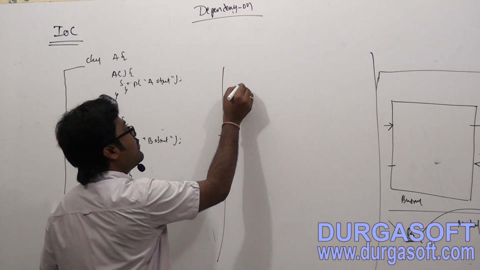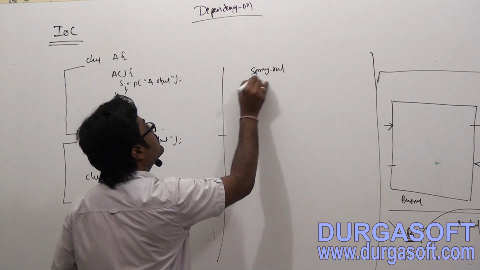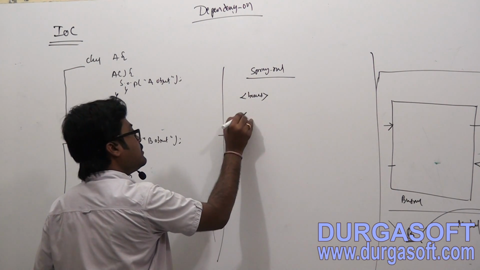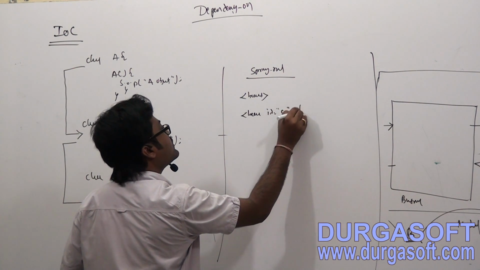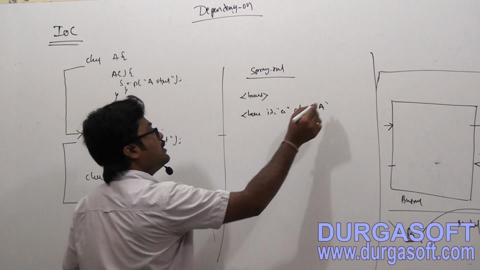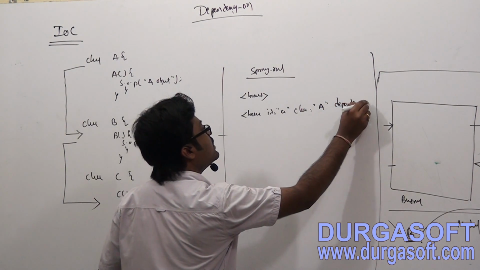By using the depends on attribute in your Spring XML file, create beans. Bean id A, class name A class, and here you can use this depends on attribute.